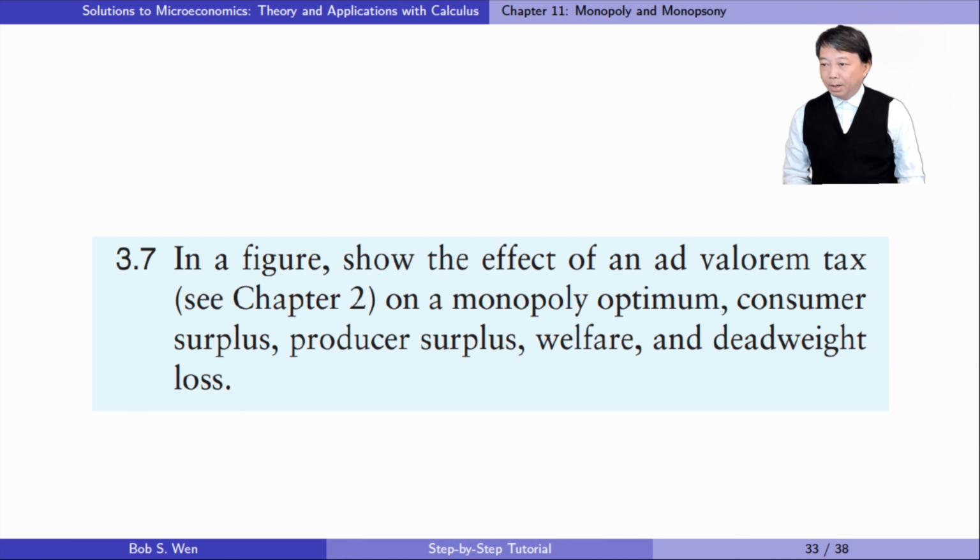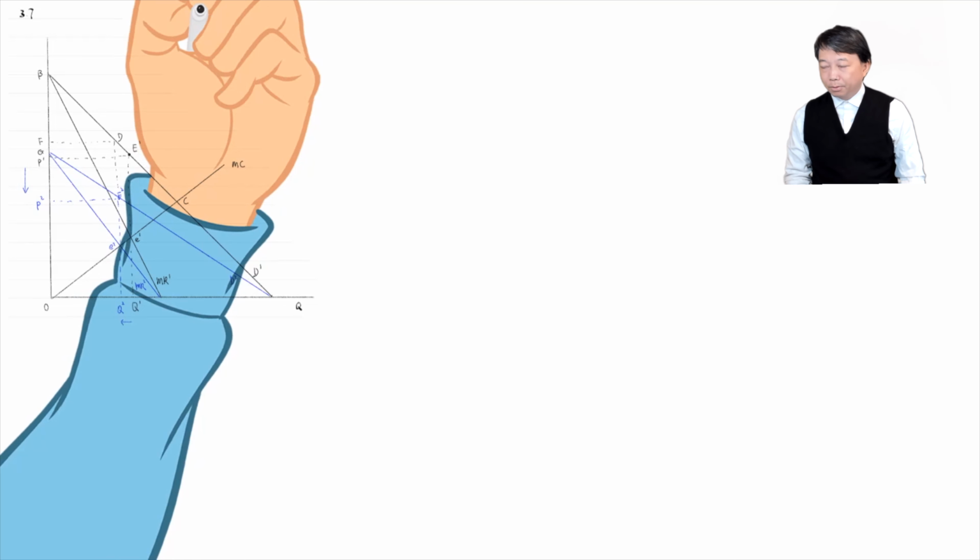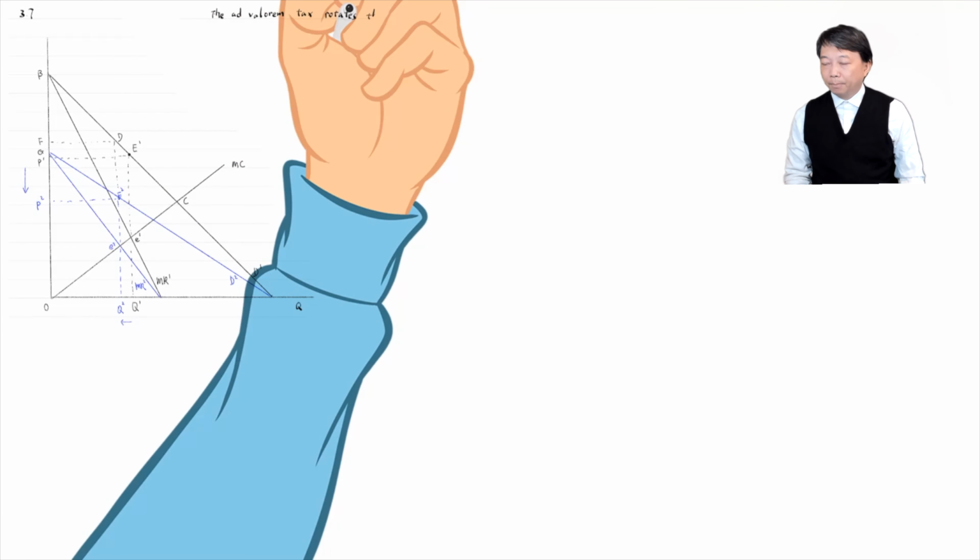Let's go to exercise 3.7. In the figure, show the effect of an ad valorem tax on the monopoly optimum, consumer surplus, producer surplus, welfare, and deadweight loss. The ad valorem tax rotates the demand curve from D1 to D2.